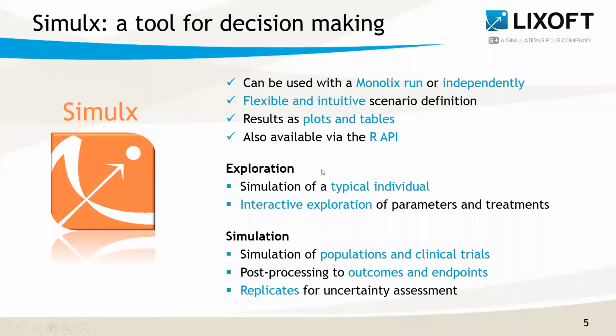In the exploration mode of Simulx, you can simulate a typical individual and explore in real time the impact of the parameter values or of the treatment. And in the simulation mode, you can simulate populations and clinical trials. You can define post-processing of your simulation output into outcomes and endpoints, and even replicate your simulations to assess the uncertainty of the results.